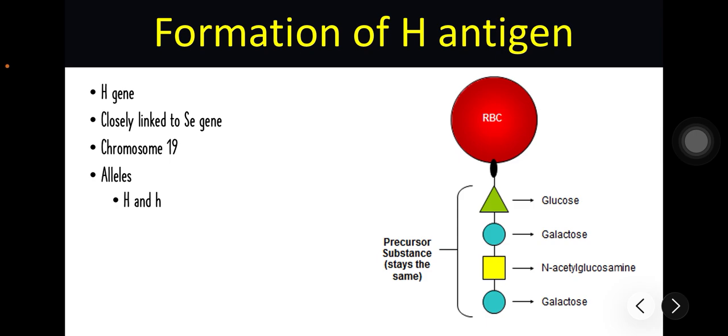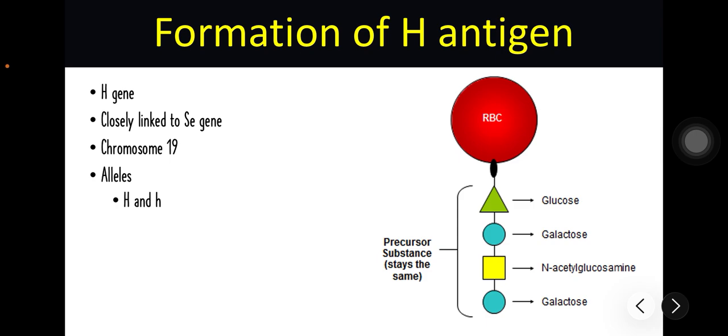Inheritance of the H gene results in the formation of H antigens. Both the H and the Se genes are located on chromosome 19, but they are not really a part of the ABO system. Their inheritance influences the A and B antigen expression. Let's talk about it further.